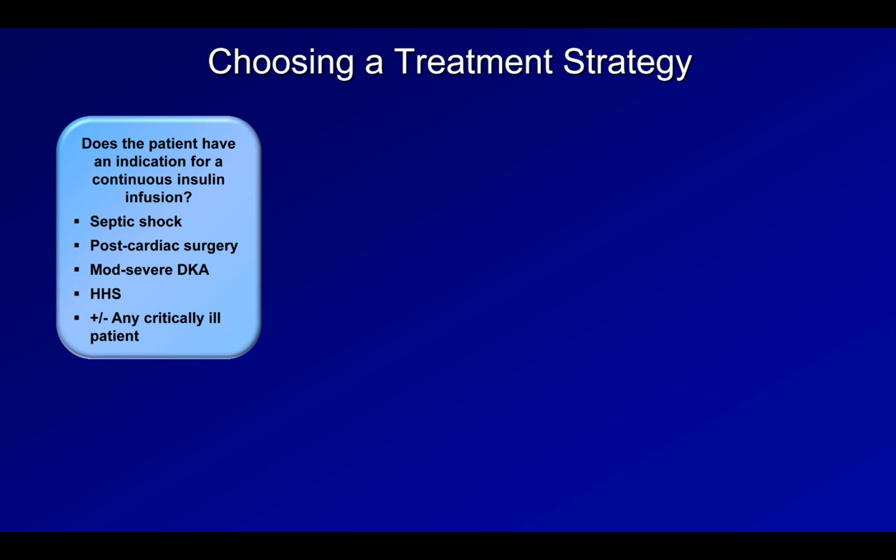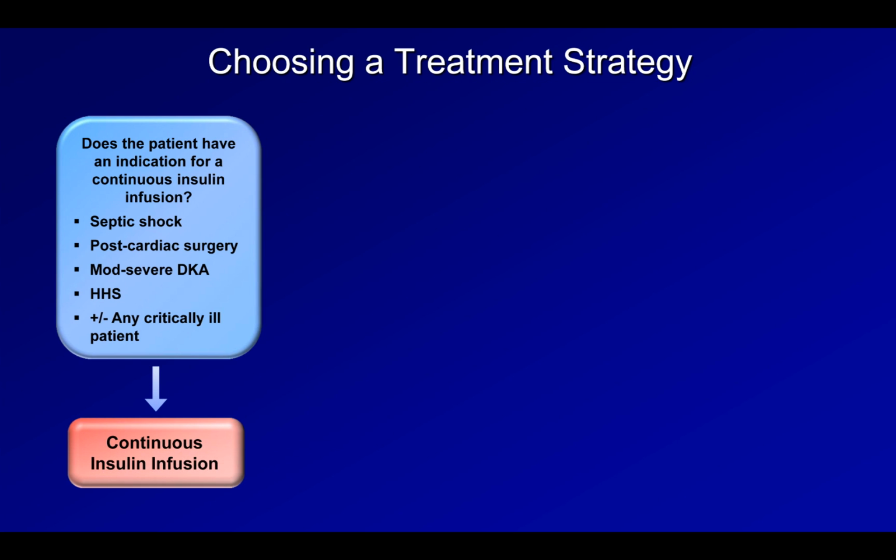Some clinicians prefer to use an insulin infusion in any diabetic who is critically ill. Insulin infusions are a complicated topic, the details of which are beyond the scope of this discussion, but most hospitals have well-established protocols in place, so few decisions are needed of the provider once the decision to use the infusion itself has been made.